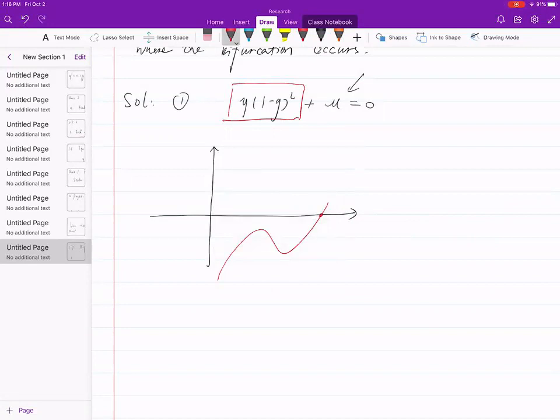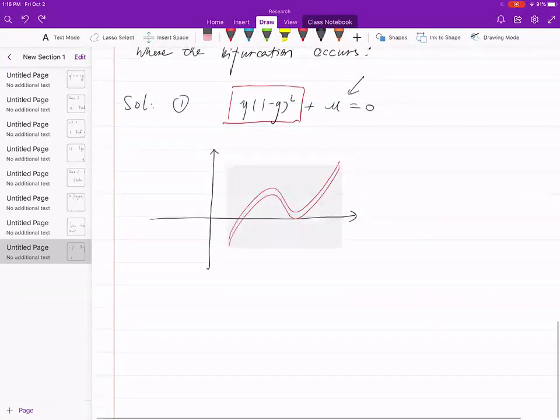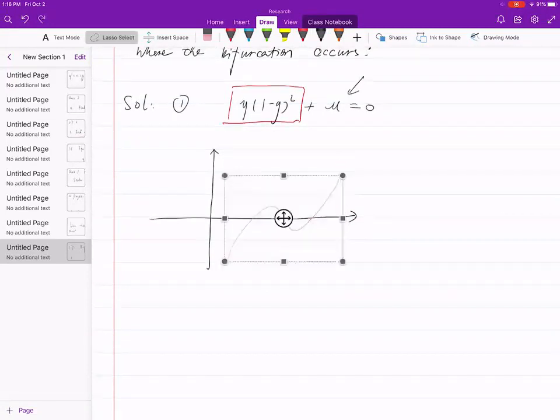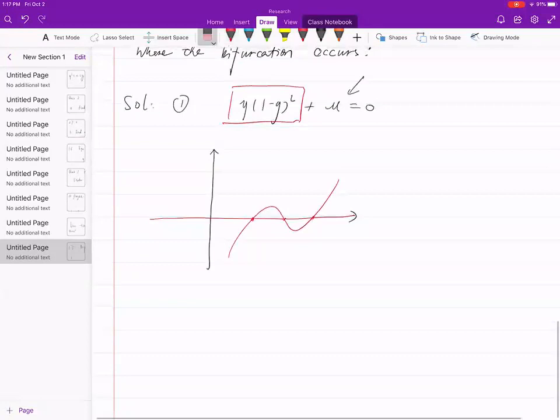Still okay? Cool. So where do you have something more complicated? That must happen when things are in between these two. Starting from here, I have three equilibriums instead of one.